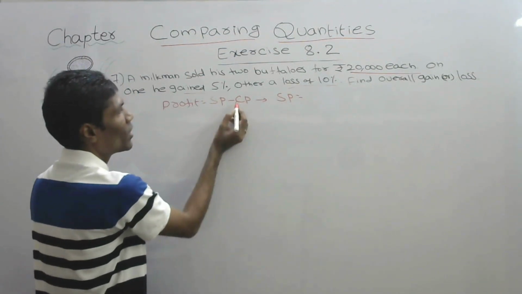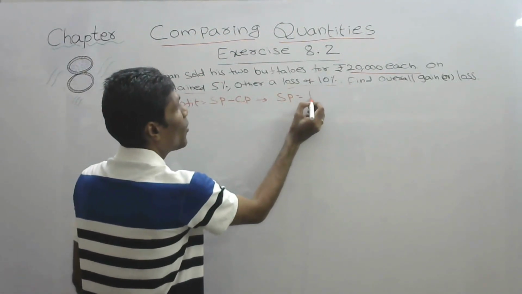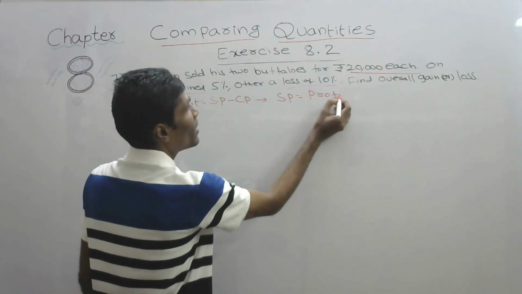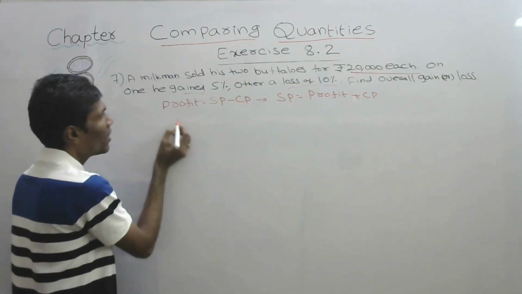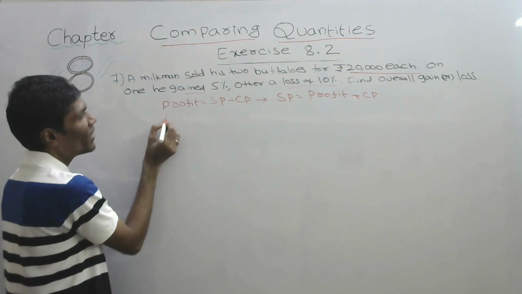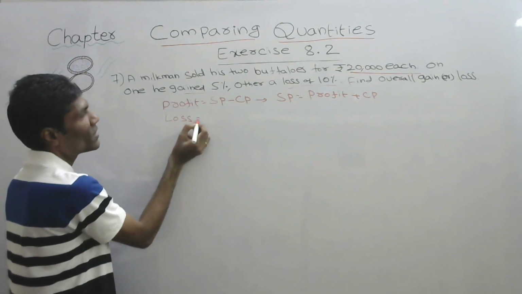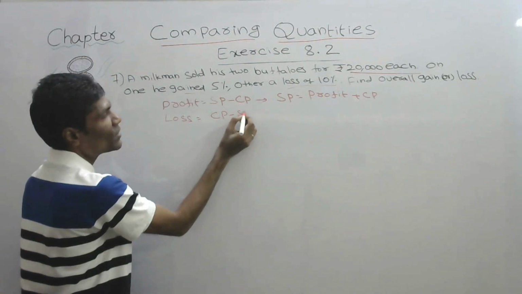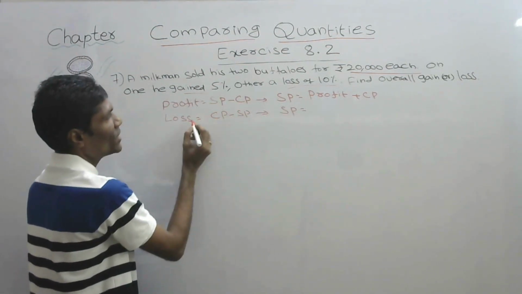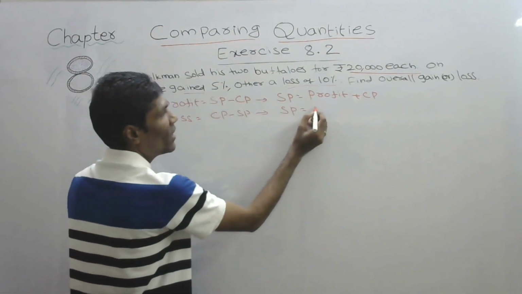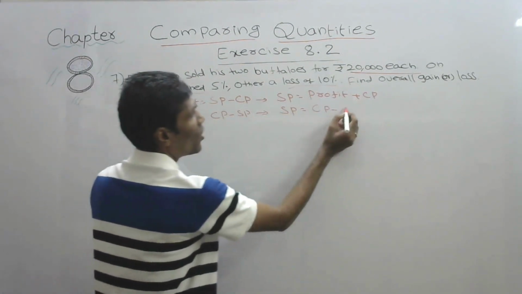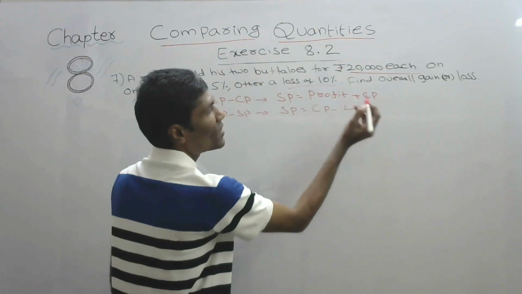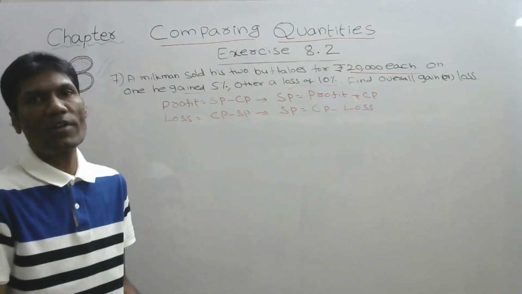SP equal to profit plus CP. When we get a loss, CP minus SP. In this case, we will get SP as CP minus loss. So by using this formula, we will do now.